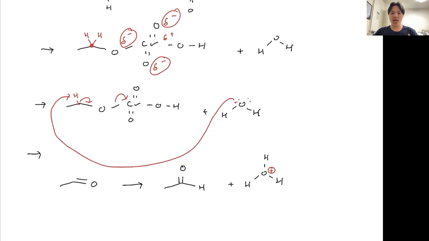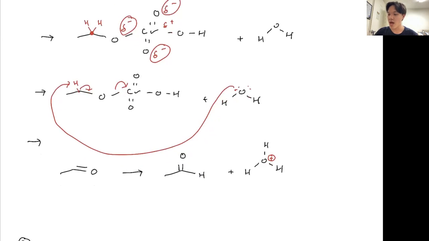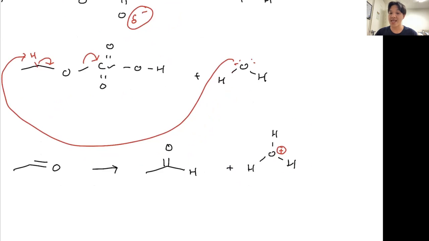If we do that one more time, we turn it into a carboxylic acid, right? So now I'm still in acidic conditions and I still have water, right? So if we do this reaction further, we're actually going to make our carboxylic acid.